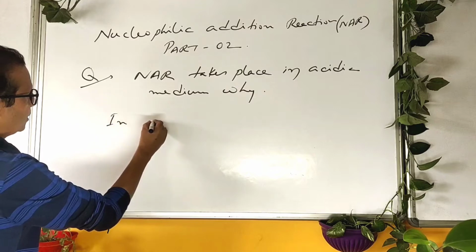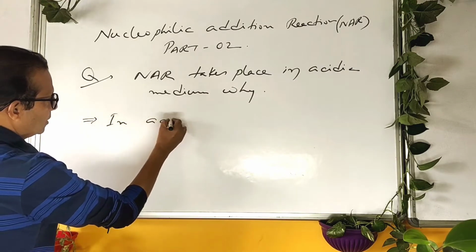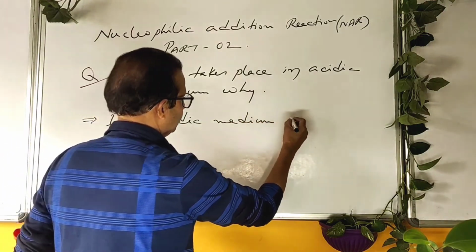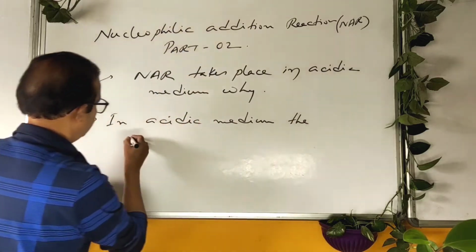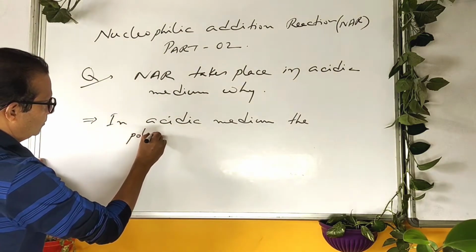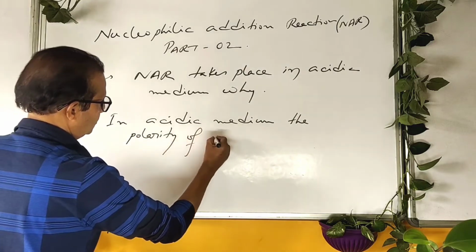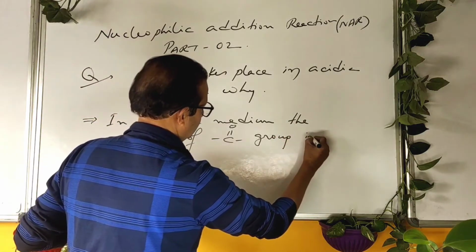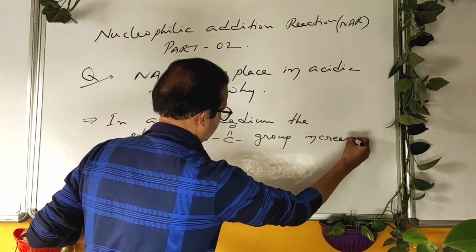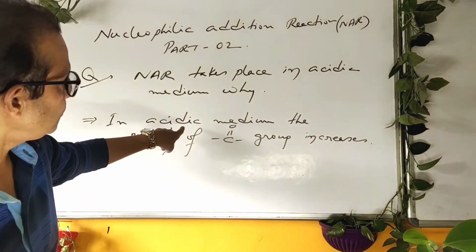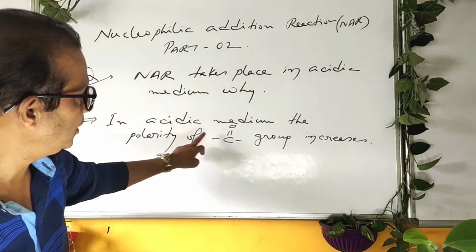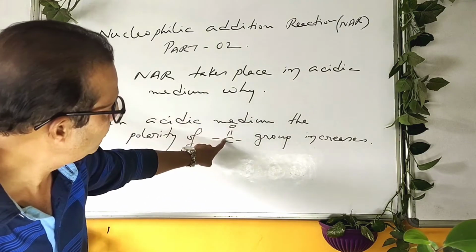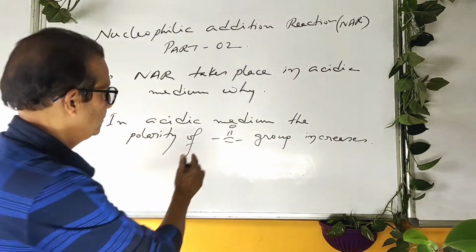In acidic medium, the polarity of CO group increases. Polarity means development of positive and negative charge increases.